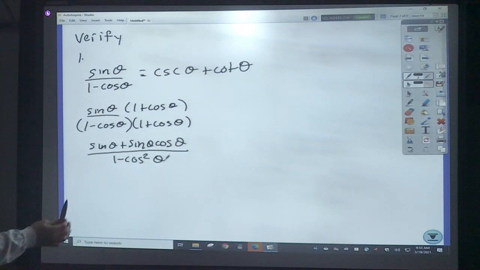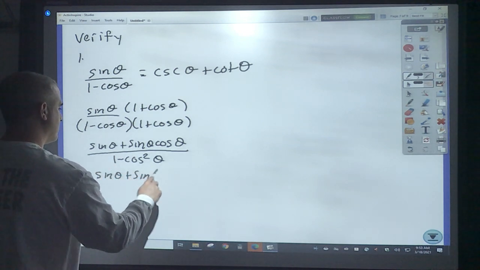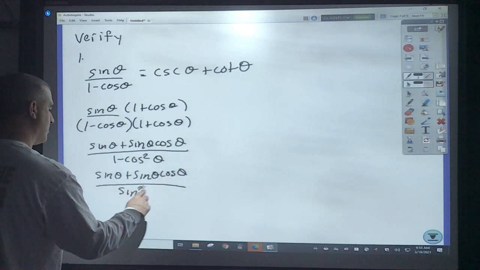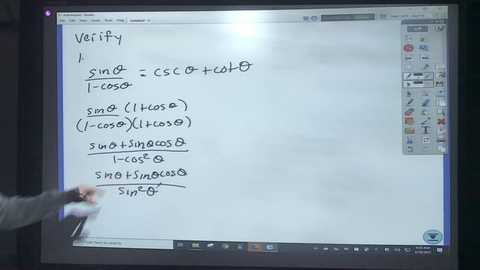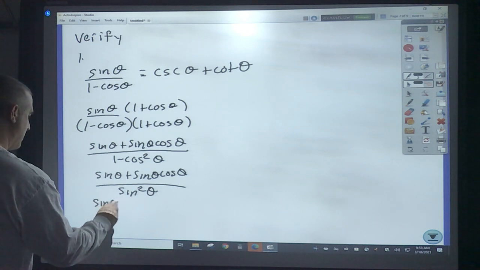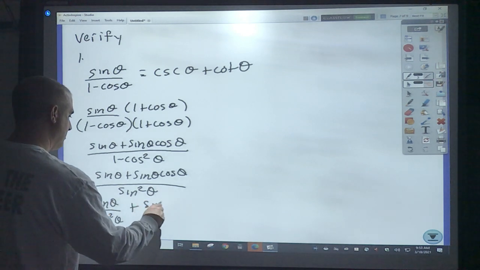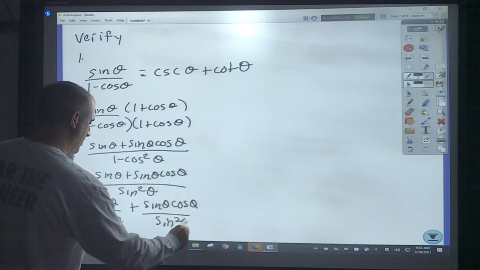I know that is an identity. So I got sine theta plus sine theta cosine theta over sine squared theta. Now we talked about a little bit of a math trick where when you have the plus, you can separate this into 2 fractions. So sine of theta over sine squared plus sine of theta cosine theta over sine squared, okay?